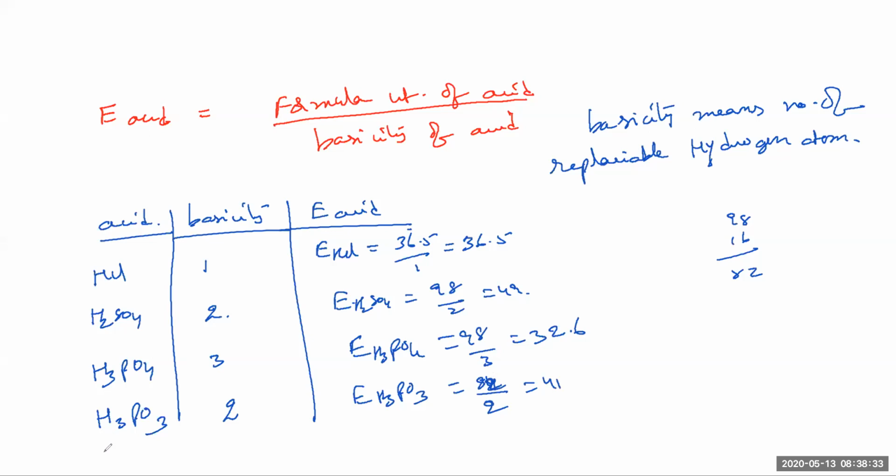Next, H3PO2, hypophosphorus acid. Even with 3 hydrogens, replaceable hydrogen is only 1. Therefore, equivalent mass of H3PO2 is 66 by 1, that is 66.